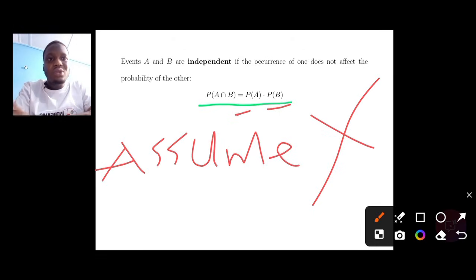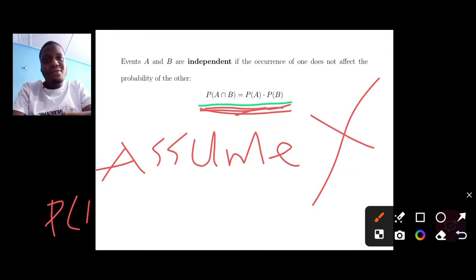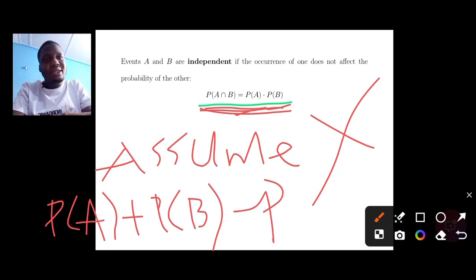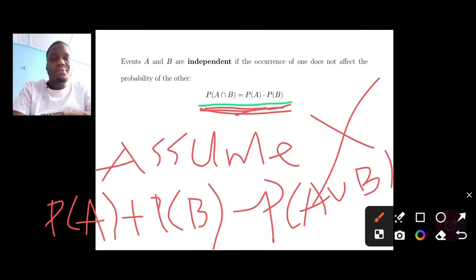No. You can only apply independence when you are told that the two events are independent. If not, never find the intersection using this formula, but find it using the formula that we saw: P(A) plus P(B) minus the union. Okay, please take this from me.